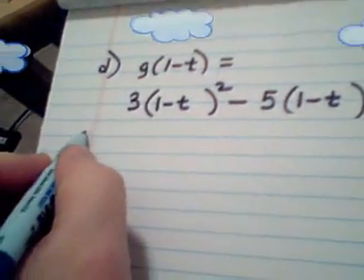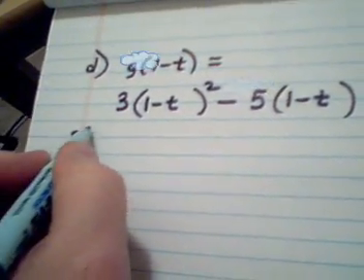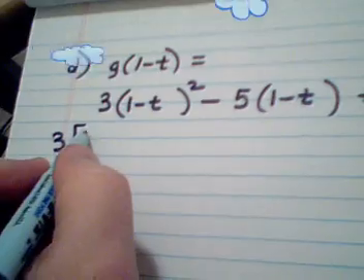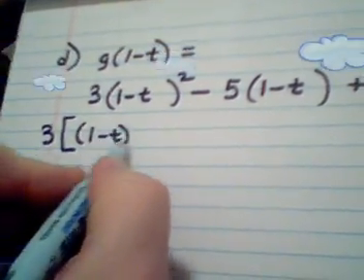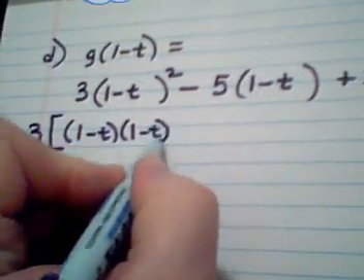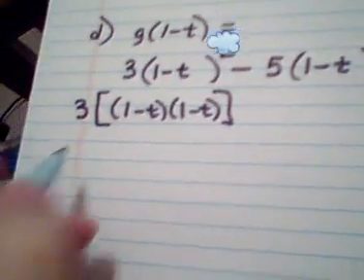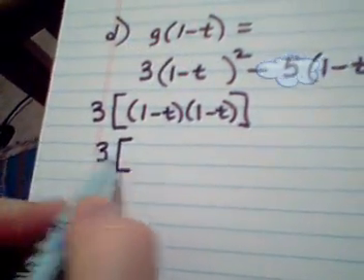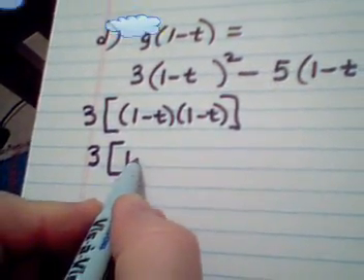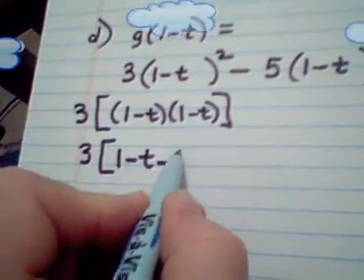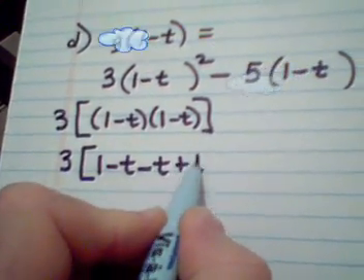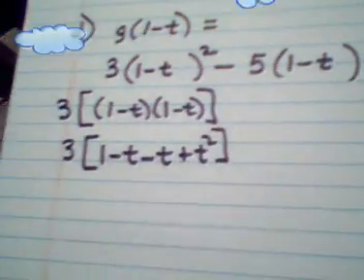Again, I ignore the 3 temporarily, and I FOIL out the 1 minus t. Be very careful in showing all the steps. 1 times 1 is 1, then we pick up a minus t, and a plus t squared.